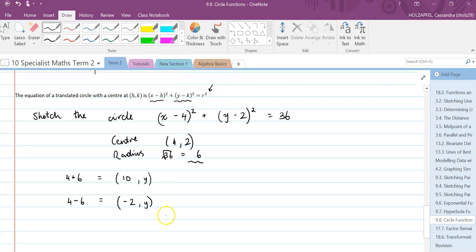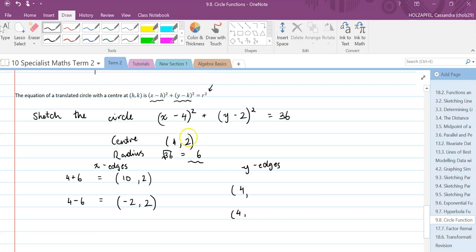Okay, so let's find our y coordinate. Actually, we do know what this is because this has been shifted up 2 units. So we can change these to 10, 2 and negative 2, 2. So that's for our x edges. Let's do the same thing now for our y edges. Because the center has been shifted right 4, that's going to be the x coordinate for both of our edges for y.